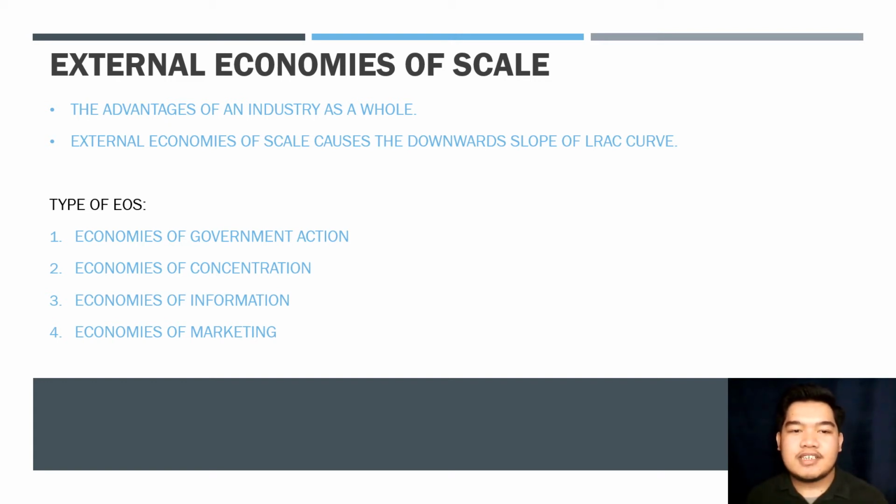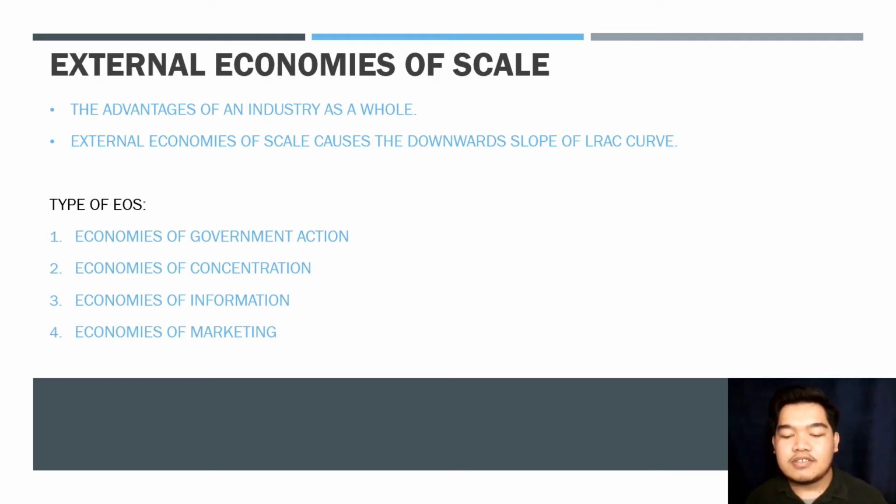The second one is economies of concentration. When the firms of an industry are established in one location, these firms can enjoy common benefits such as common means of transportation and communication, availability of trained staff, power supply, raw material, marketing facilities, the benefit of common repair, maintenance, and service shops, and so on.